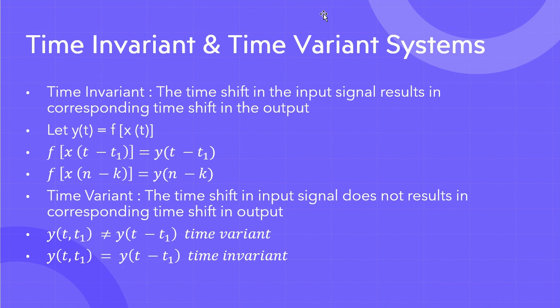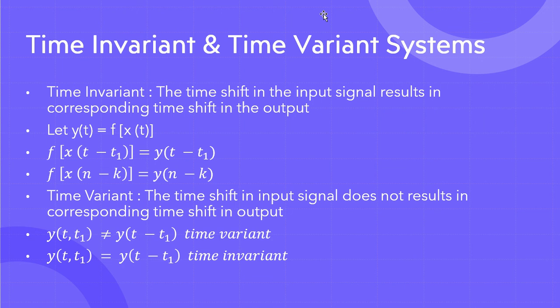Now let's see mathematically what happens. Let's take a system in which y of t is my output and f of x of t is my input. Okay, so if x of t is delayed by time t1, then my output will also be delayed by the same time, right? The output will be delayed by the same time when my system has the time invariant property.